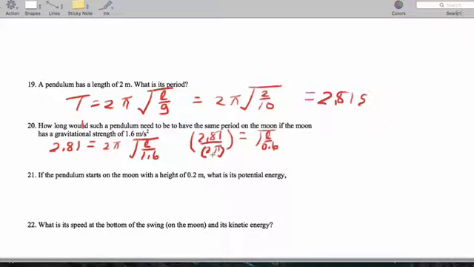That gives me 0.4472, I'm not going to round, equals the square root of L over 1.6. And I'm going to go ahead and square both sides, and then I times by 1.6. And I'm getting a length equal to 0.32 meters. So on the moon, a pendulum of about 0.32 meters has the same period as a 2-meter pendulum on Earth.